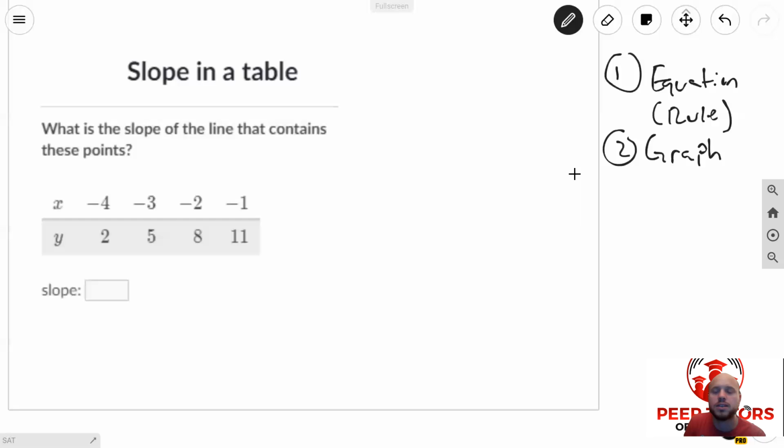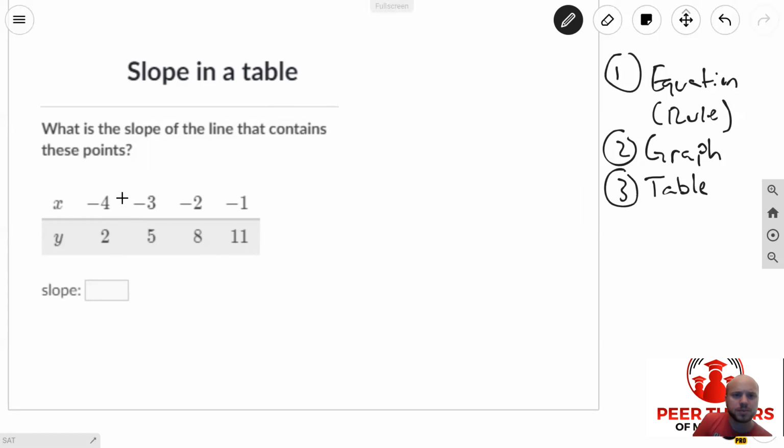Graphs are fun because they're pictures, but a lot of times we start out with a table. Whenever you are starting to collect data, you usually just put it in a little table, and then the graphs and the equations come when you need to be more sophisticated.